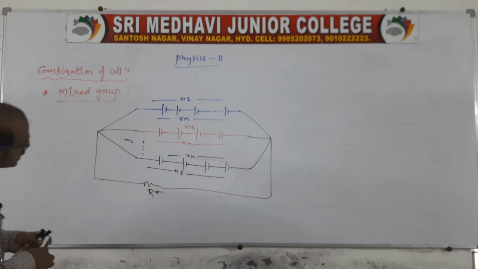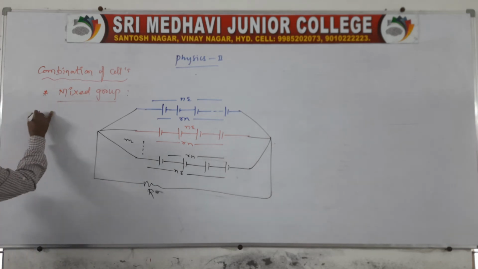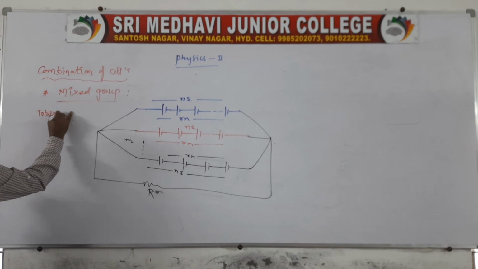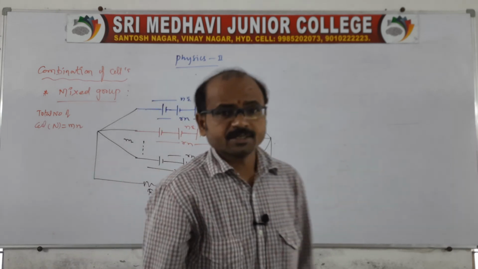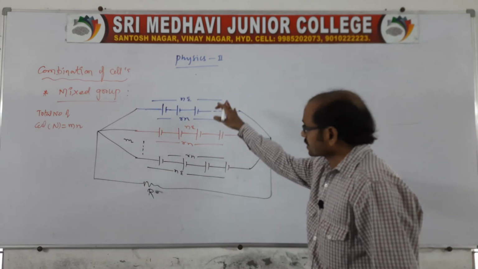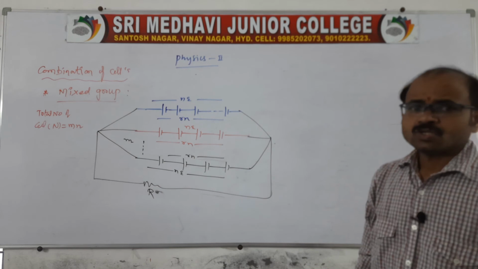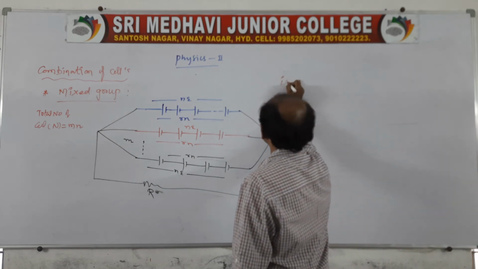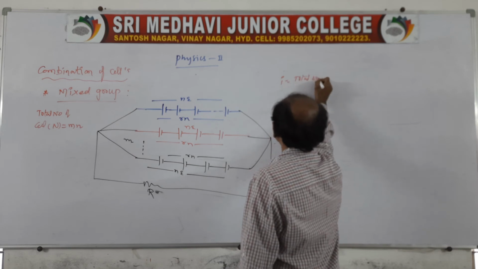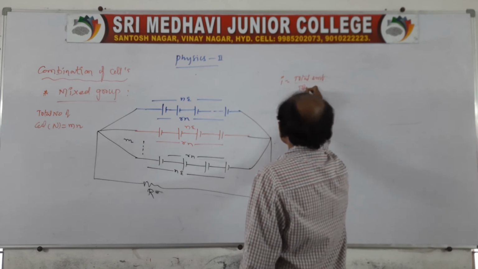Now, how many cells are there? The total number of cells, capital N, is equal to m into n, of course, because m are connected in parallel and n are connected in series. Now we need to find the total current, I, which is again the total EMF by the total resistance.